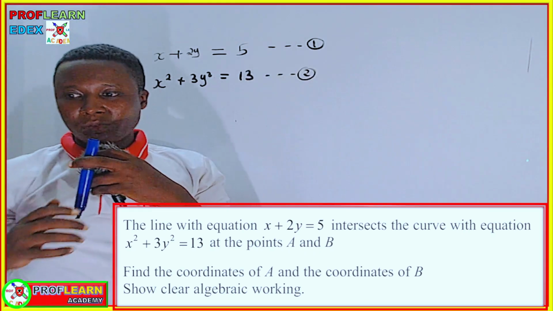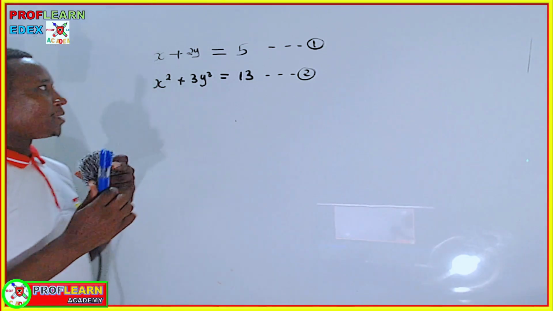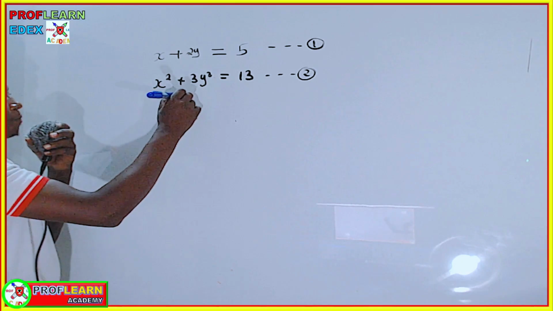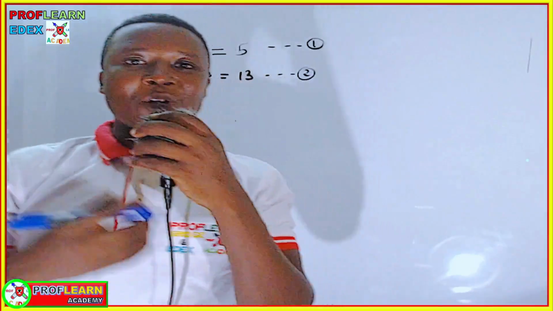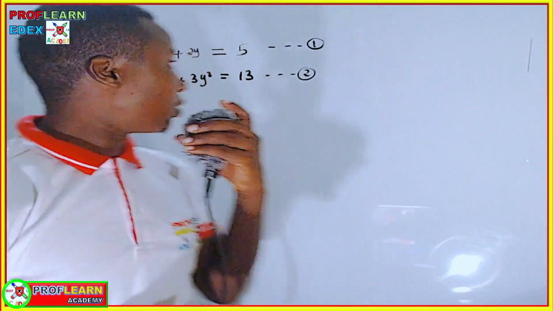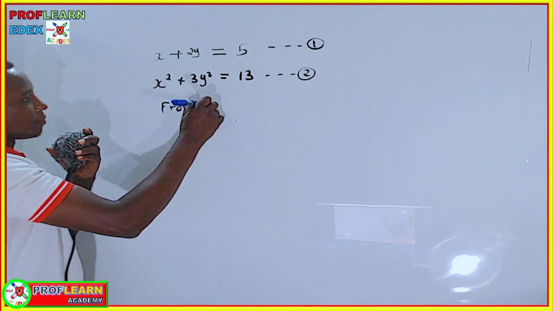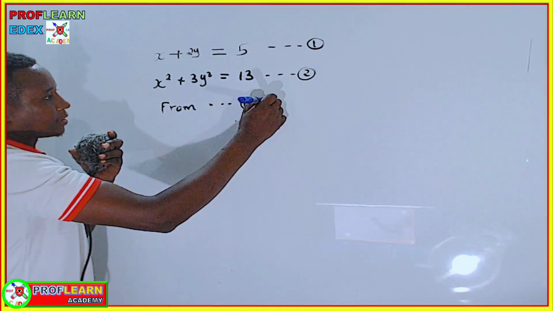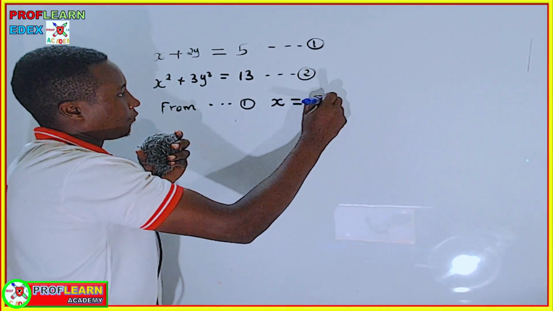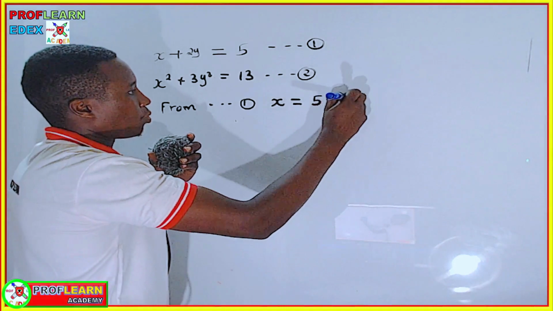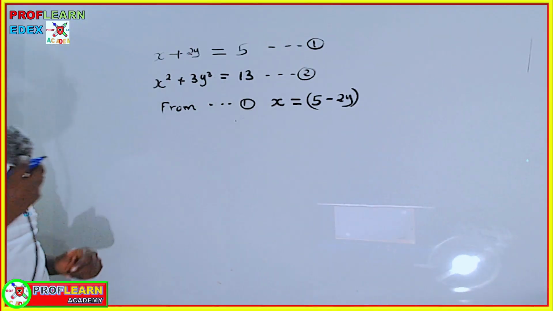So what I'm going to do is move this part away so that we can start looking at this. The strategy we're going to apply to work out this question is the substitution method. From equation 1 we can say x is equal to 5 minus 2y, because if we rearrange equation 1 we get this particular equation.